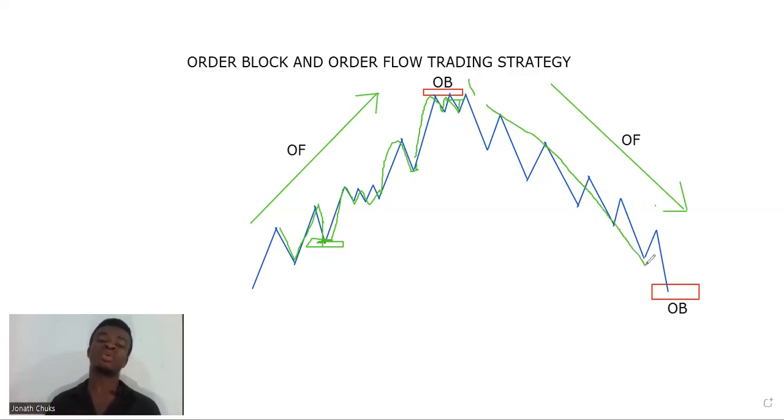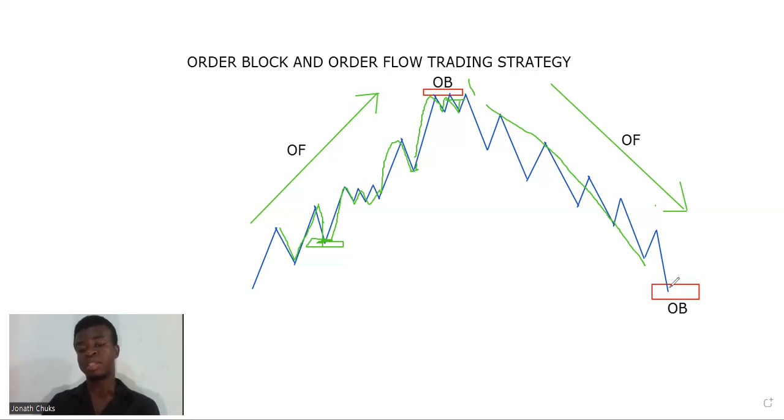So that block is just a place where traders place their trade, where once price gets to that place, they should go for a buy or a sell, or the point where people wait for the market to get to, so they can take their profits. That is just what an order block is.